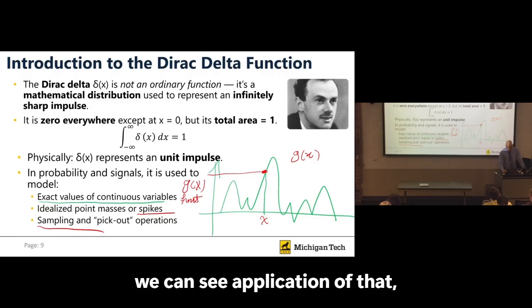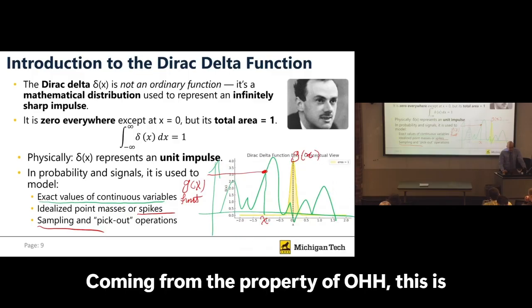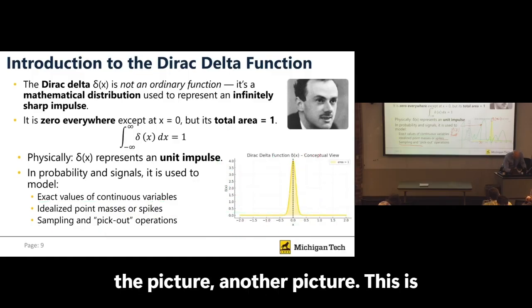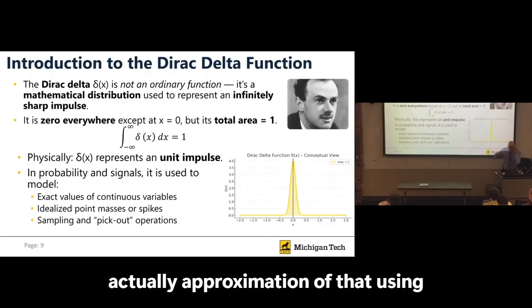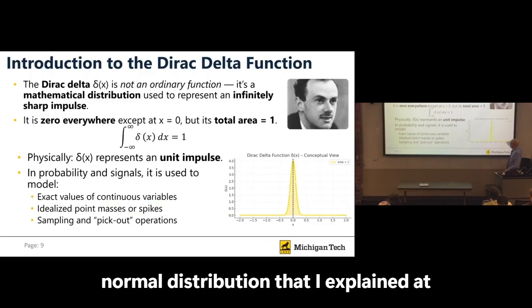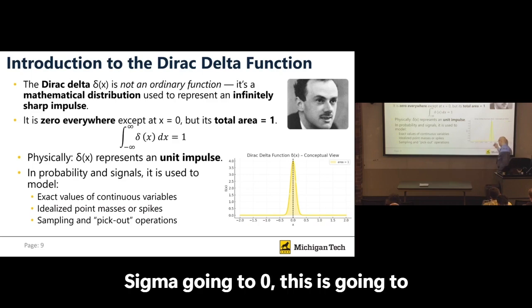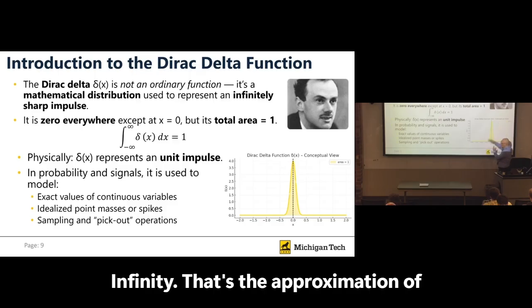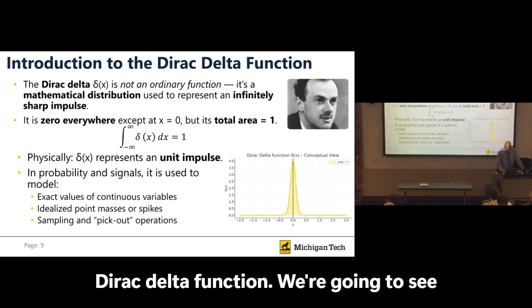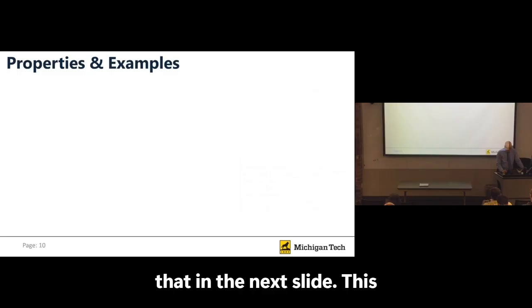We can see applications of that. But all of these applications come from one property. Oh, this is the picture. Another picture is an approximation of that using the normal distribution that I explained at the beginning of the class. When sigma goes to 0, this goes to infinity. That's the approximation of the Dirac delta function. We're going to see that in the next slide too.